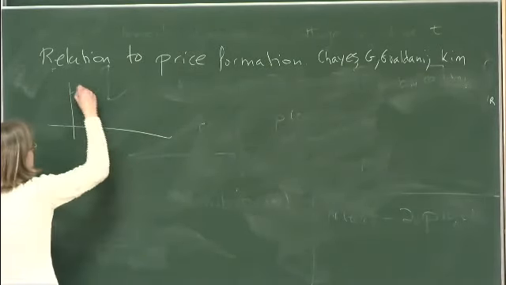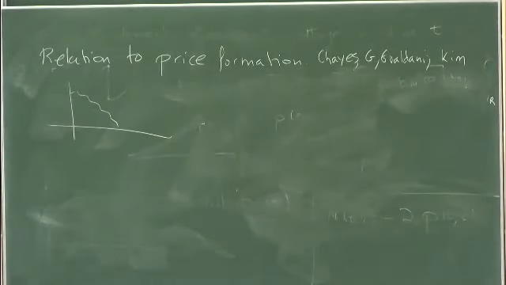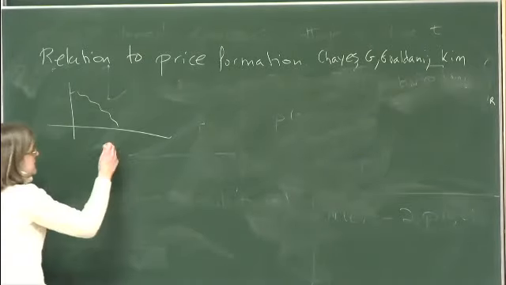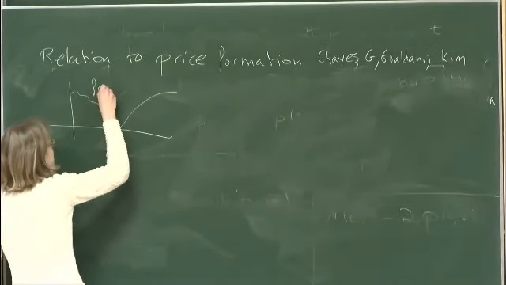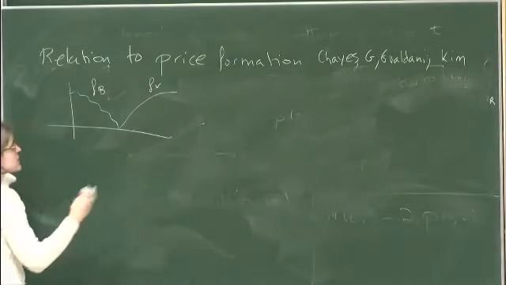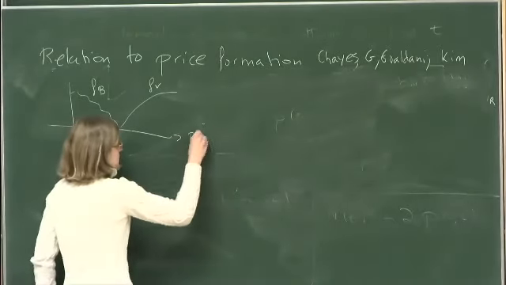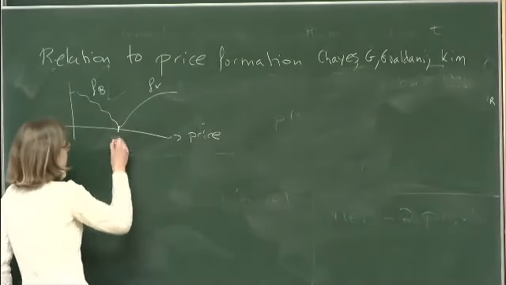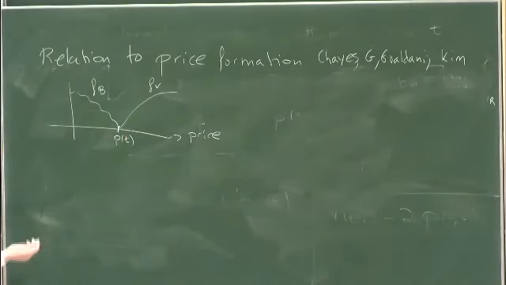We had a density of people called buyers, a density of people called vendors, trading on something, and this coordinate represented price, and this was the free boundary P of t.